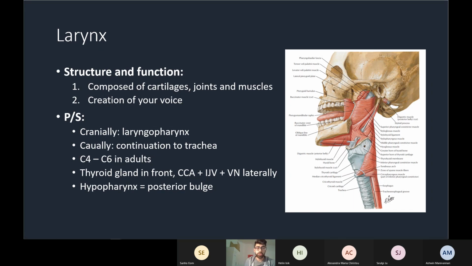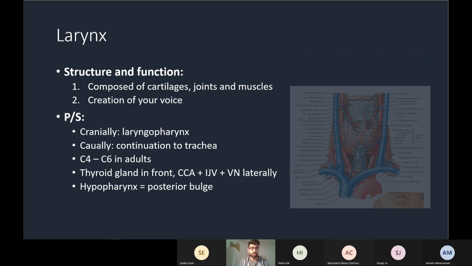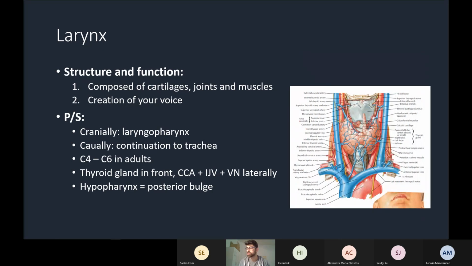We also have the common carotid artery, internal jugular vein, and the vagus nerve located laterally either side. And a small bulge posteriorly is called the hypopharynx. Oh yeah, sorry, I forgot about this image. This is just showing exactly what I've just mentioned. So you can see the relationship, the position of the gland and the neurovasculature quite nicely here.